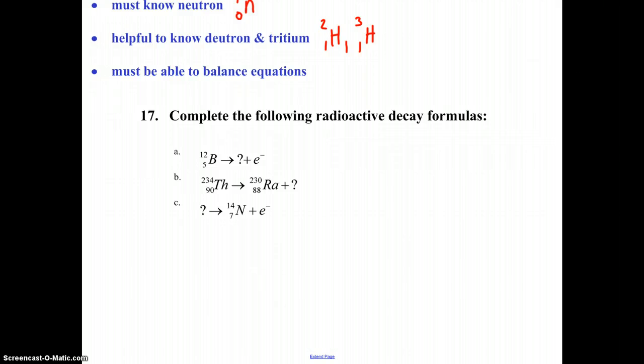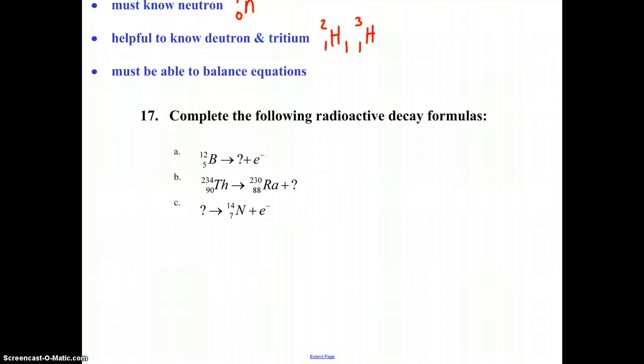And an artificial transmutation, such as the ones pictured in number 19 on the problem set, you actually are taking an element, bombarding it with some kind of nuclear particle in order to make it become some other element. And that would be an artificial transmutation because it's man-made. In other words, man is bombarding an element in order to make other elements.